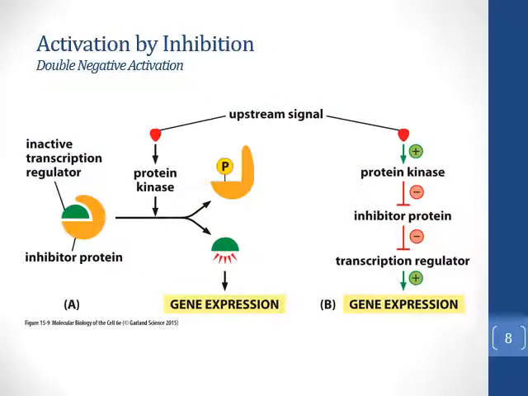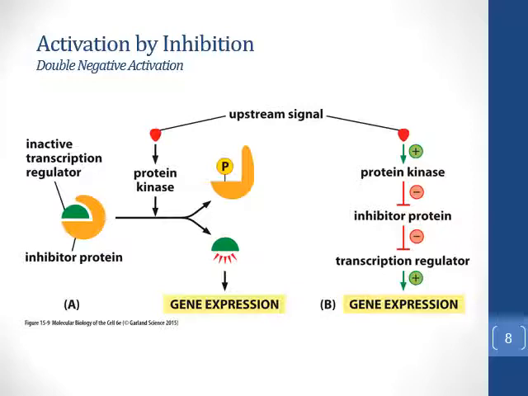Now, the other thing that we'll see is what's called activation by inhibition. That sounds like it doesn't make any sense. But here's the way that's going to work. If you look over to the left, let's say we have an inactive transcription factor shown in green, and we have some sort of inhibitor protein that binds to it.